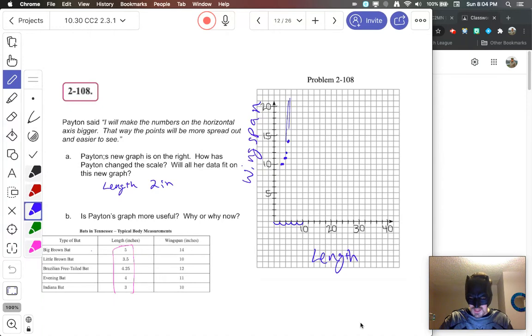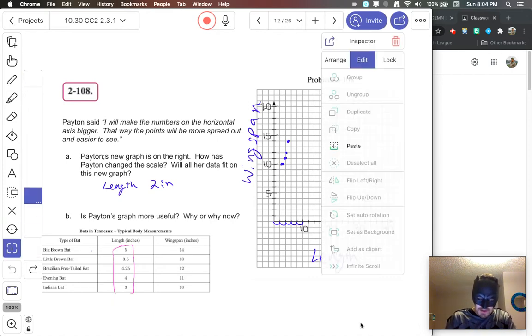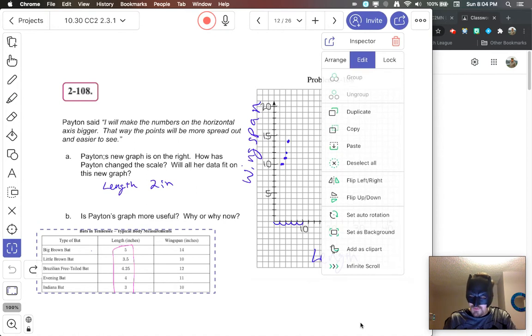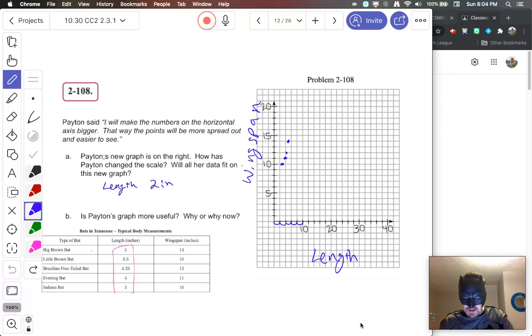It almost looks like it is a straight up and down line rather than any sort of diagonal relationship, which is what we're expecting on a situation like this. All right. So this is not more useful. Our information is more difficult to read, and the information is too close together.